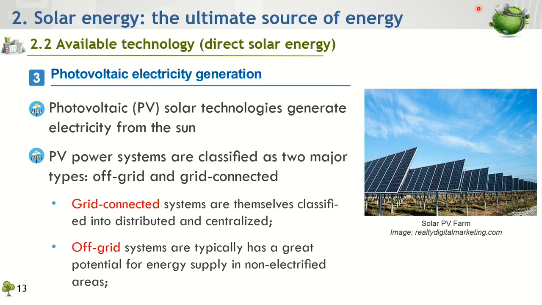A modern PV system may also include a solar tracking device to maximize the capacity to capture sunlight from every angle. Currently, two types of PV system are available. This includes the grid-connected system and the off-grid system.